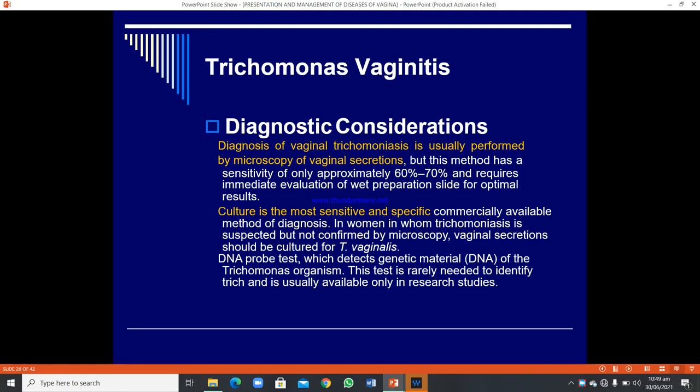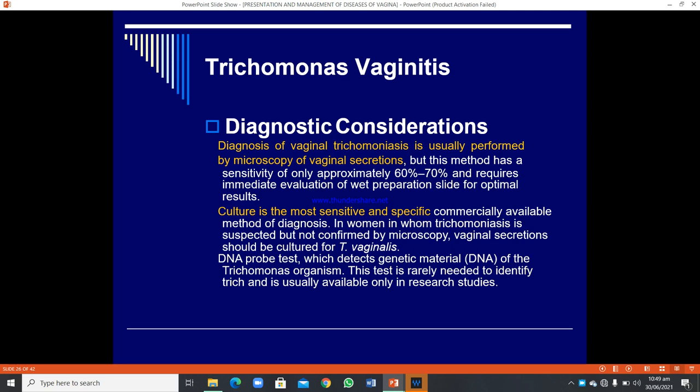Diagnostic considerations. Trichomonas vaginitis is diagnosed when we perform microscopy of the vaginal secretions, but this method has a sensitivity of only approximately 60-70% and requires immediate evaluation of the wet preparation slide for optimal results. Culture is the most sensitive and specific commercially available method of diagnosis.